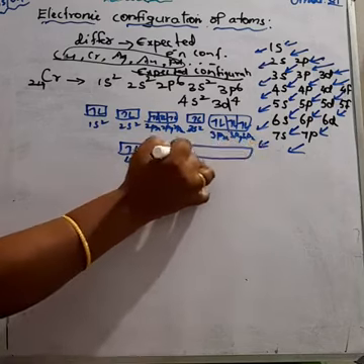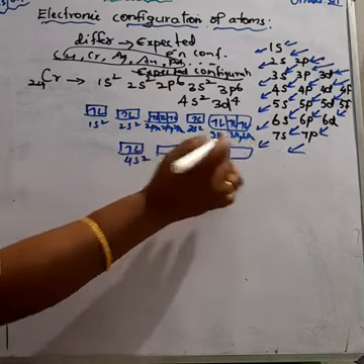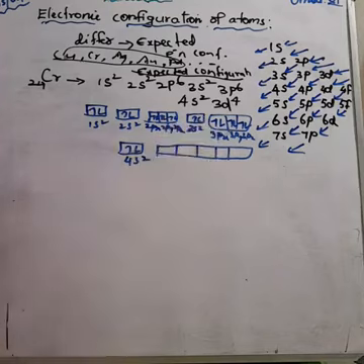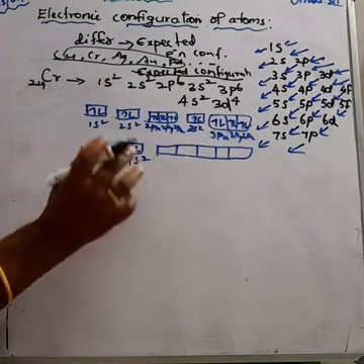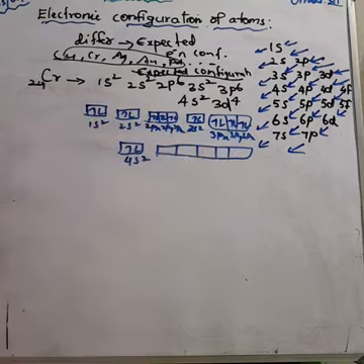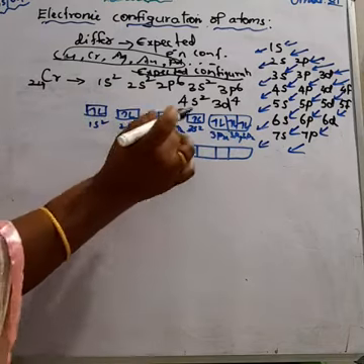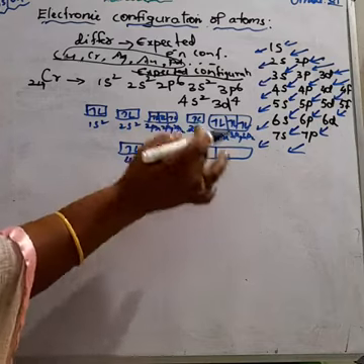How many orbitals are there in the d subshell? Totally 5 orbitals. The maximum number of electrons we can accommodate in the d orbitals is 10. So totally 5 orbitals are there in the d subshell.